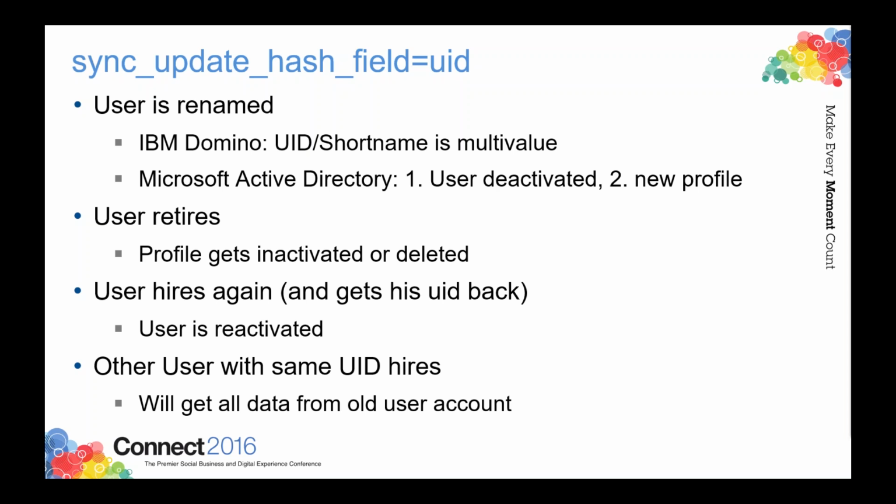It can happen that maybe your CIO retires. He has a common name like John Doe. His short name was Doe, and now after four weeks, four months, a new trainee will start with the same name. So he will get the same short name, and he will get the data from your old user account, the CIO user account.